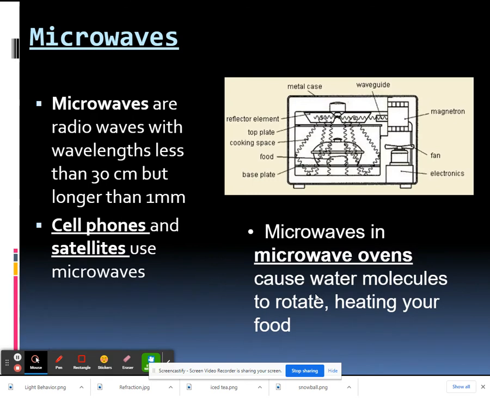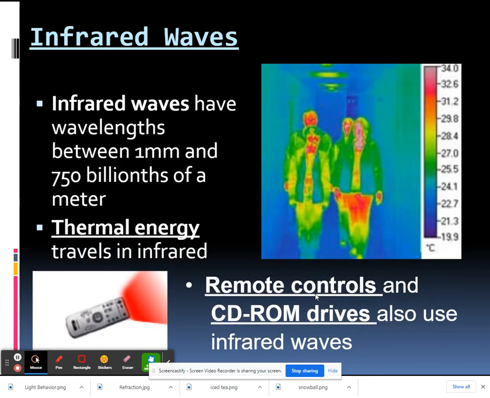And then just above microwaves, a little bit shorter wavelength, higher frequency is infrared. A lot of people say this wrong. They say infrared, it's infrared, not infrared. And infrared wavelengths are how heat is transferred, because infrared is that thermal energy.